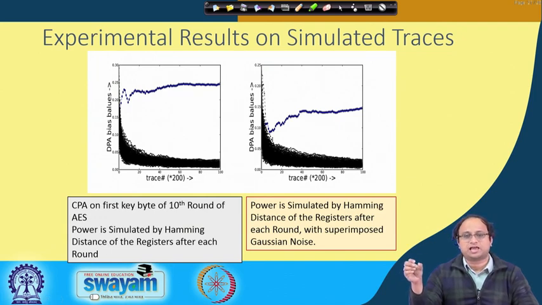You calculate the Hamming distance of a particular round with the previous round, and then you apply CPA to distinguish the correct key from the wrong keys. This is a similar analysis to before, but here we have added noise, and therefore although there is a separation, it comes a little later compared to the case where there is no noise.